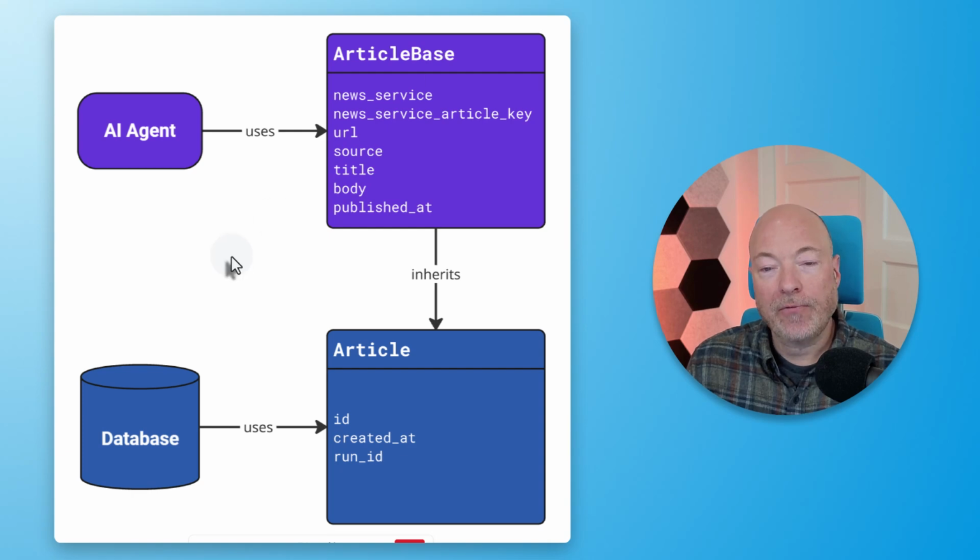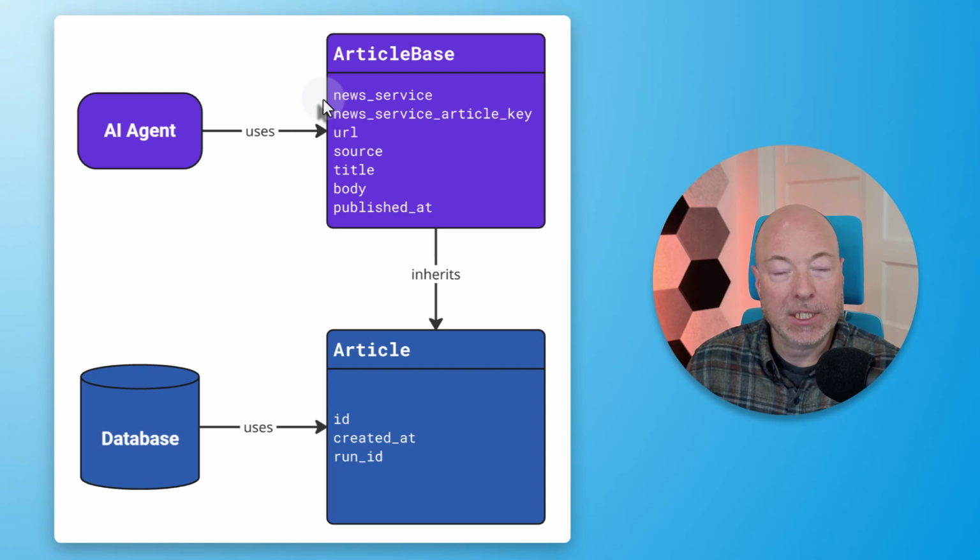So for example, for the article, that's the actual URL of the article, the source, the title, the body, the published at date. And then we also have the news service and the news service article key. We're using these just so we can reserve the flexibility to swap out the news service in the future.